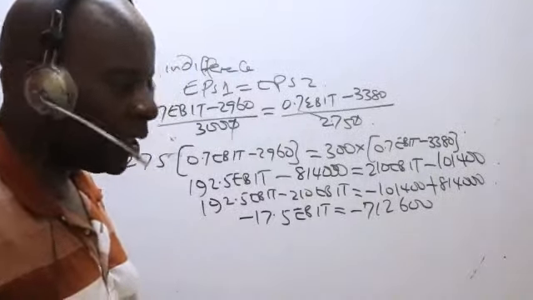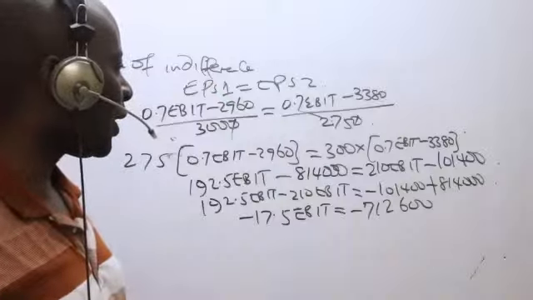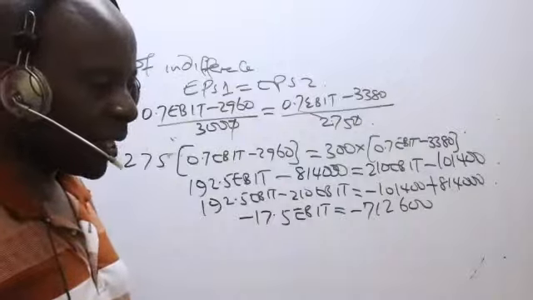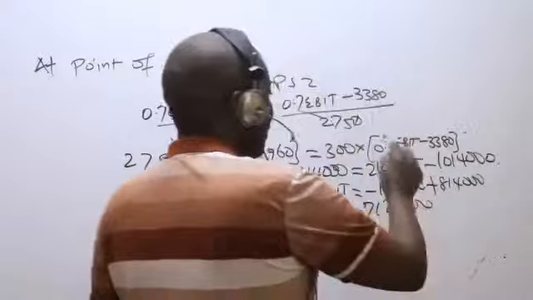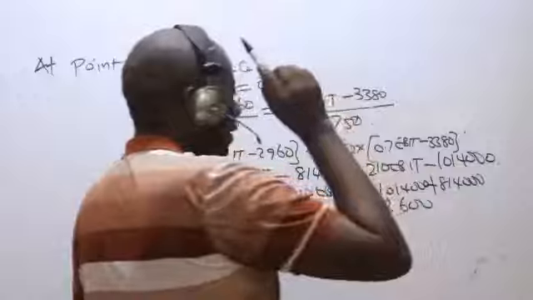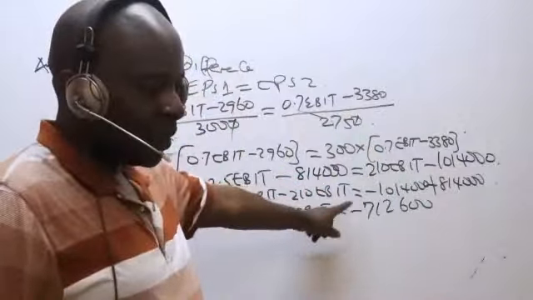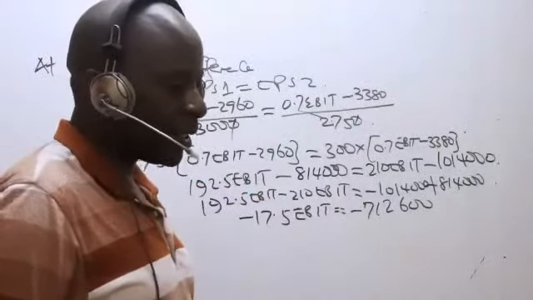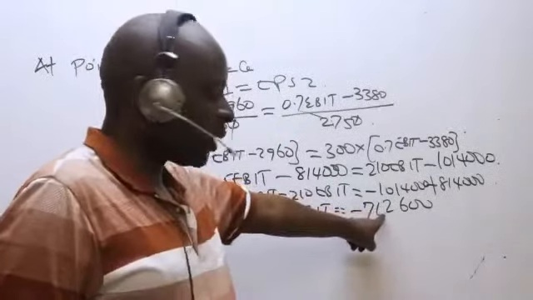Is it 1014,000? I'm being told it's 1014,000. So this should be 1014,000, and I believe that this will be negative. Is this answer correct?